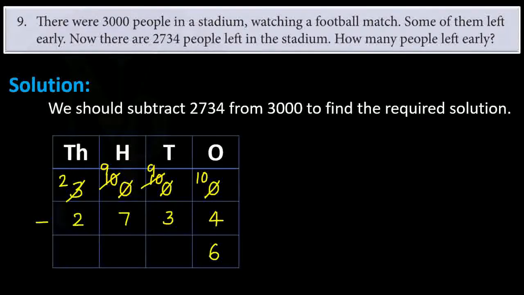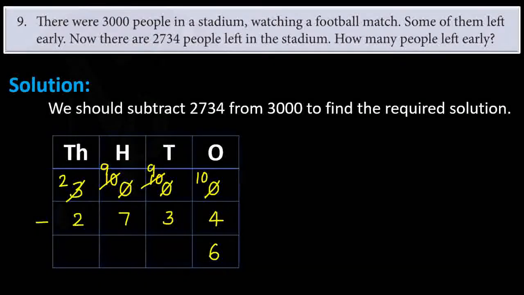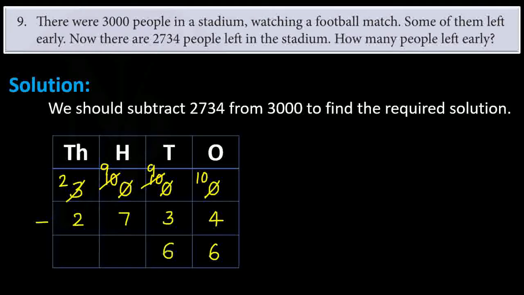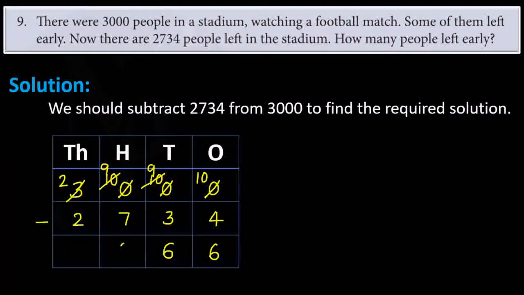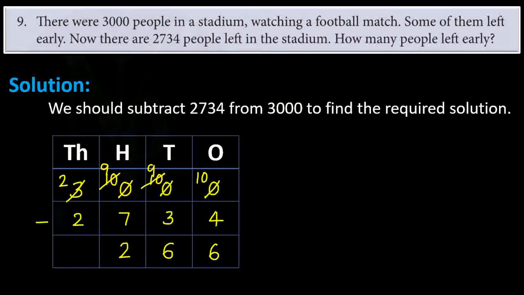Here in tens column we have 9 and we need to subtract 3 from 9, we get 6 here. Here in hundreds place we need to subtract 7 from 9. So subtracting 7 from 9 we get 2. In thousands place we have 2 and 2 here.